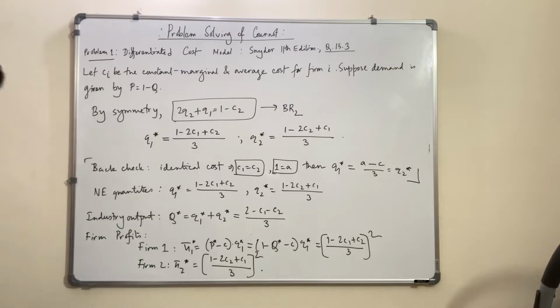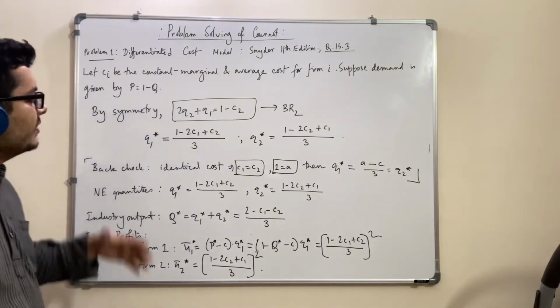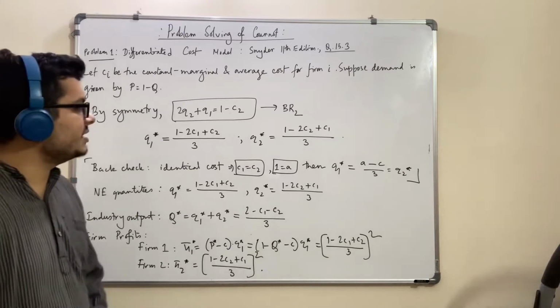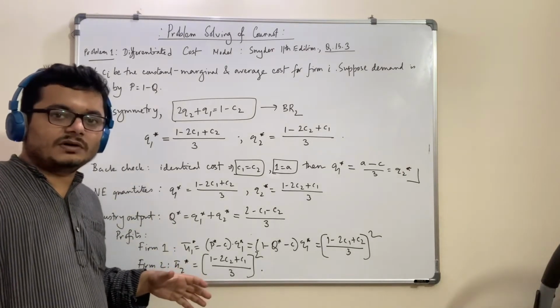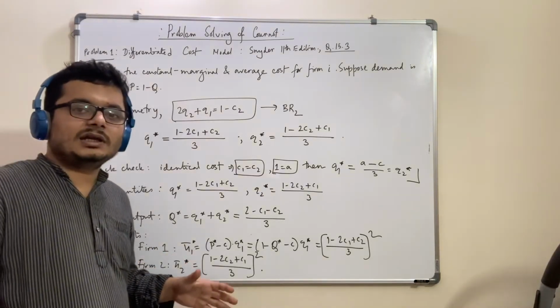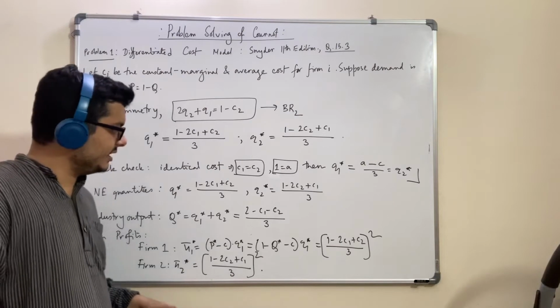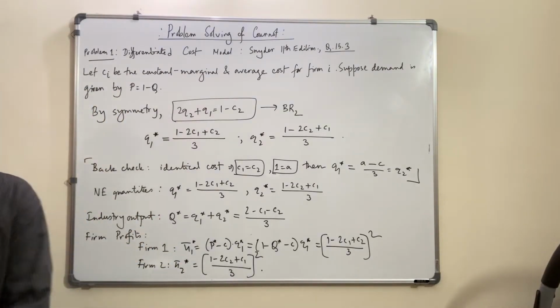Okay, so it is this easy. If you are comfortable using this idea of symmetry, often the size of a problem based on the Cournot model gets reduced to half. Okay, only if you can intelligently use the idea of symmetry.